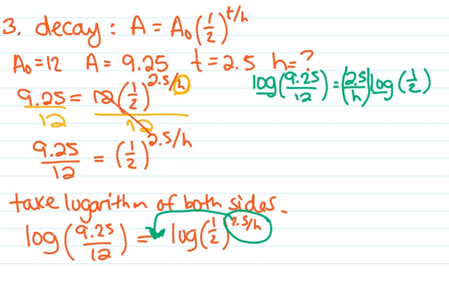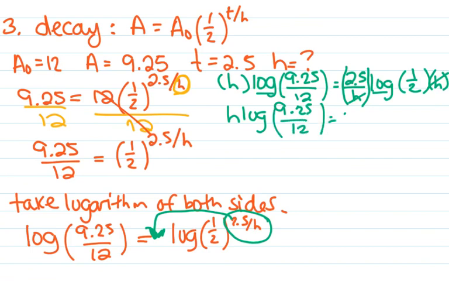All right, so my goal is to get h by itself. So first I'm going to multiply both sides by h, so I can get it off being the denominator. Now these h's will cancel out, and I'm left with h log of 9.25 over 12 equals 2.5 log of 1/2.